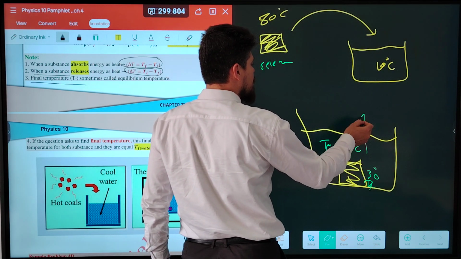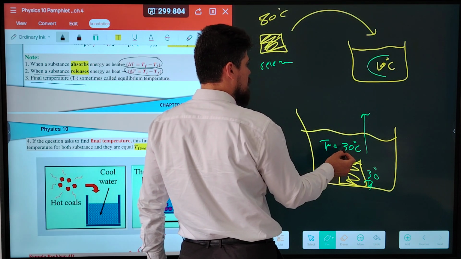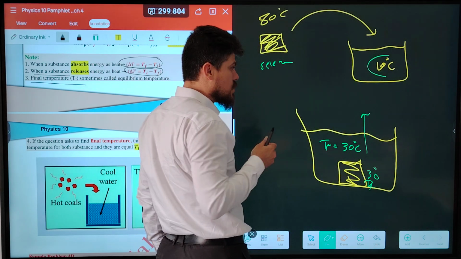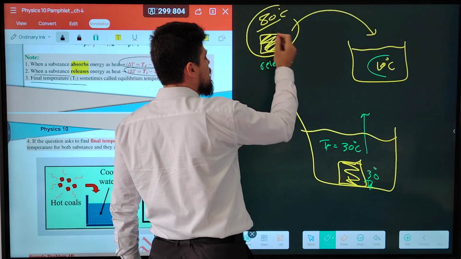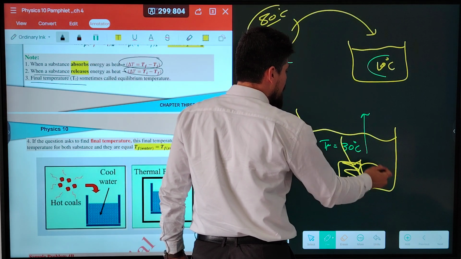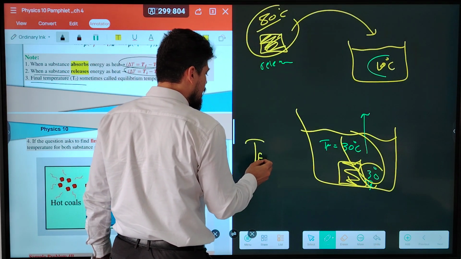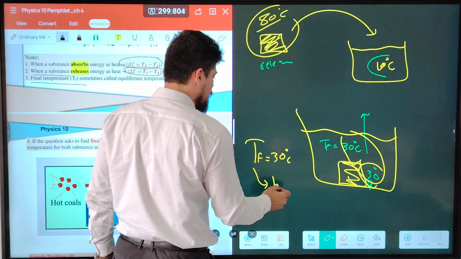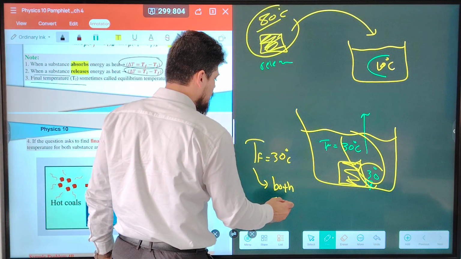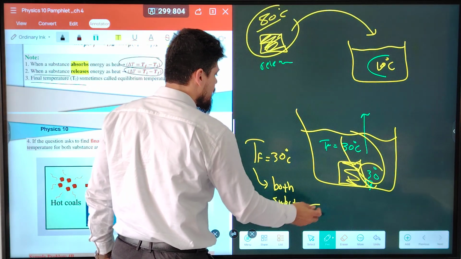The water's temperature increases from 10 to 30 because it gains energy. But the metal releases energy, so its temperature decreases from 80 to 30. Finally, T final is equal to 30 Celsius for both substances. For which substance? Both substances, always.